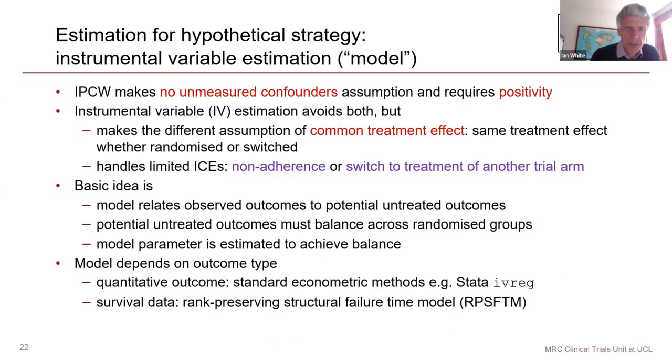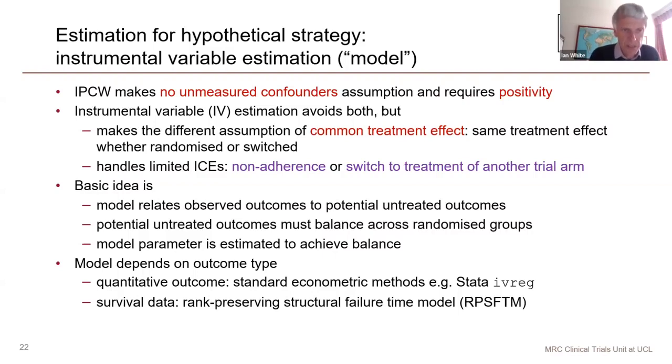Instrumental variables estimation avoids both of those. So it makes a different assumption. I'm going to be quite brief about this. Instrumental variables is an idea originally from econometrics, which makes the different assumption that the treatment effect is in common whether you get treatment through being randomized or through switching to treatment.